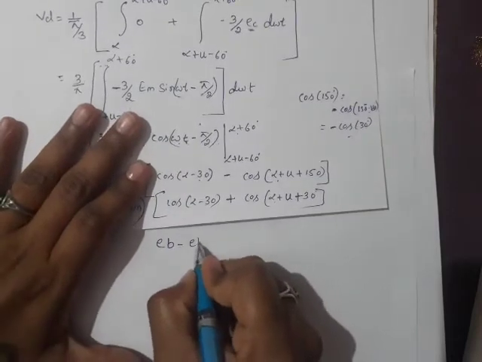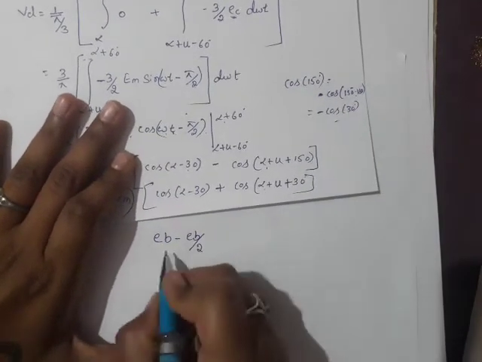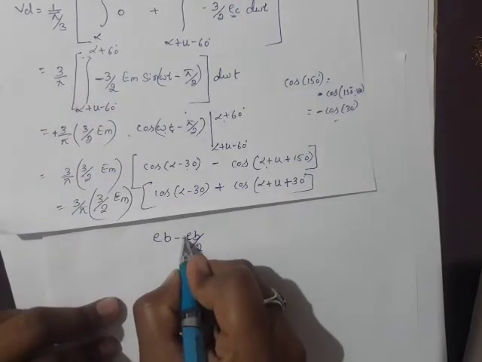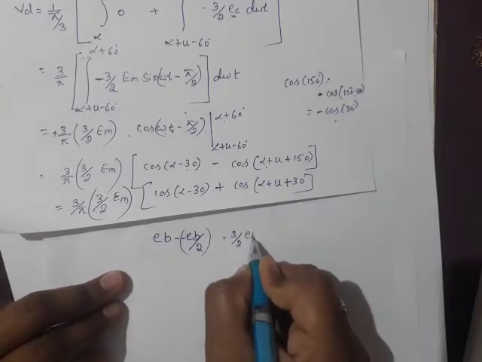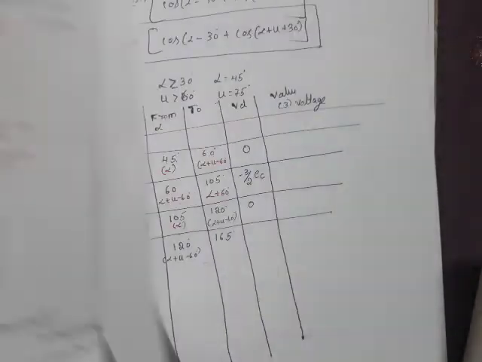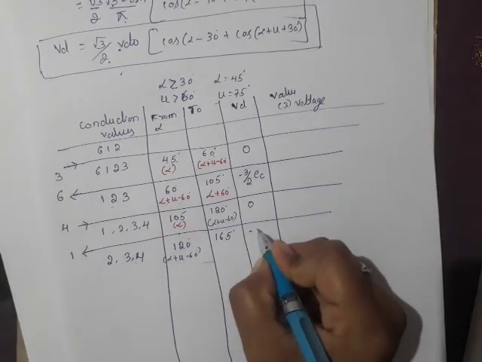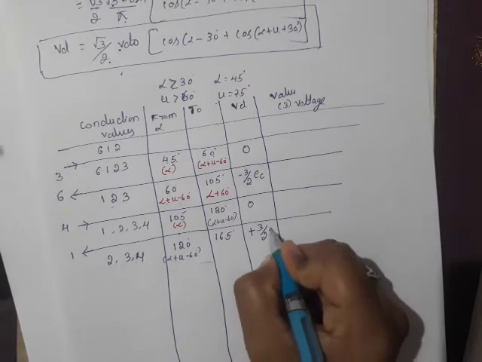So what is the voltage here? Minus EB by 2. When EA, EC is the voltage, it is minus EB by 2. Minus of minus EB by 2, so we are getting 3 by 2 times EB. Just follow the method, you will get it.